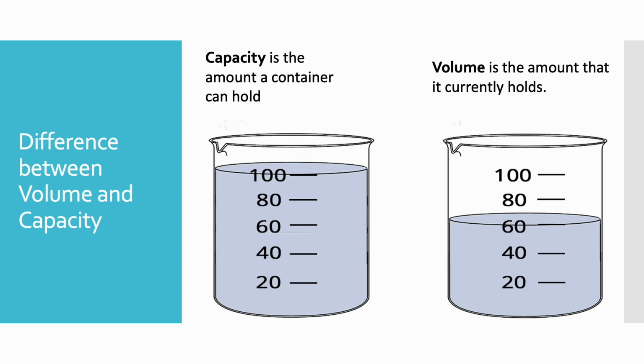And on the right side, we are seeing volume. It's the actual amount of space occupied by something. In this case, the liquid inside the beaker. It is the amount that it currently holds. So the beaker is only filled up to 60 milliliters. So the volume of liquid is 60 milliliters. So in simple words, capacity is about the container, how much it can hold.